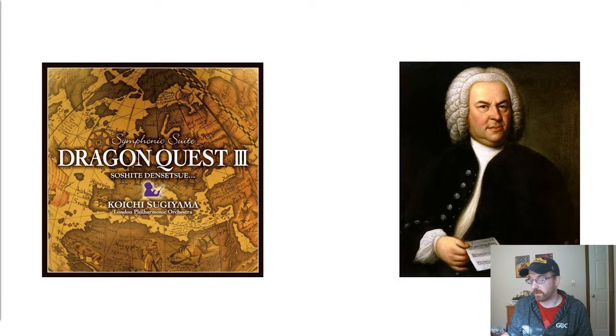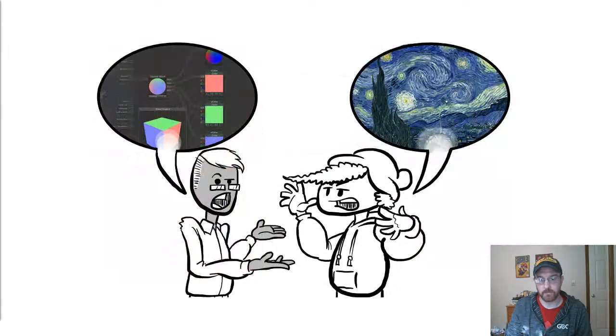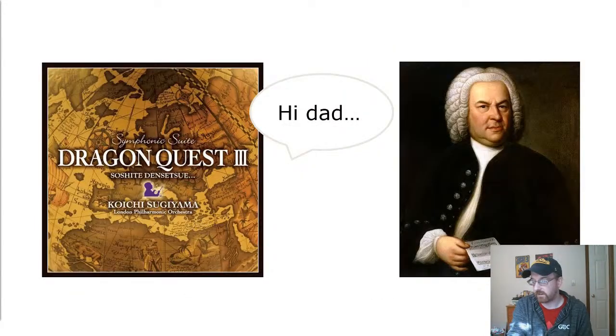Think about music like from Dragon Quest III. If you know anything about Koichi Sugiyama, who is kind of a terrible person, but his music is cool and based on Bach, if you understand that, then you can start to see the links where traditional arts inform the work we do.